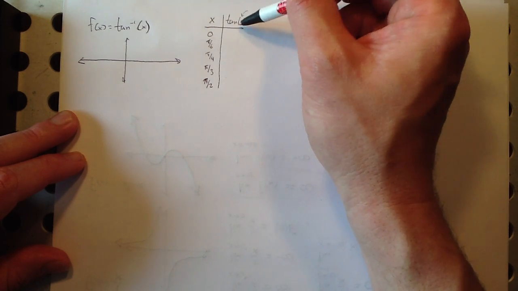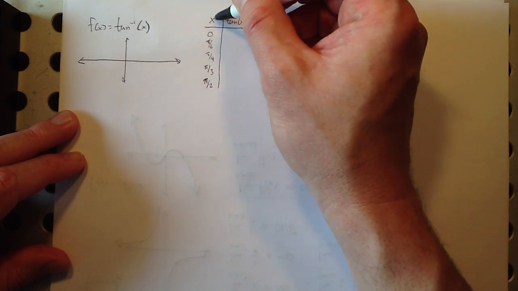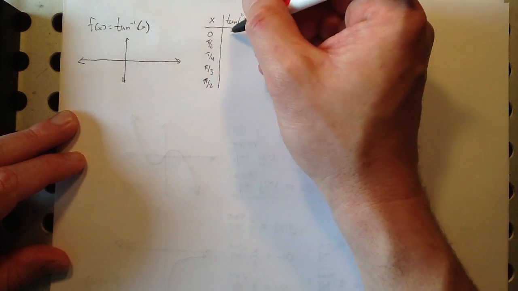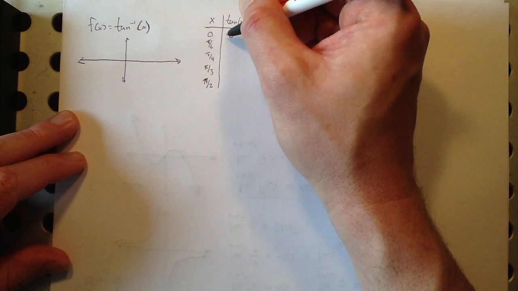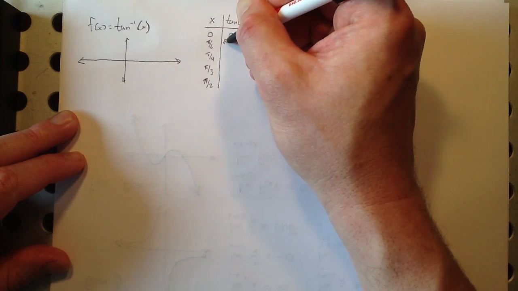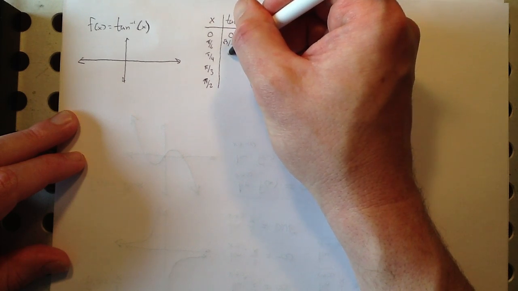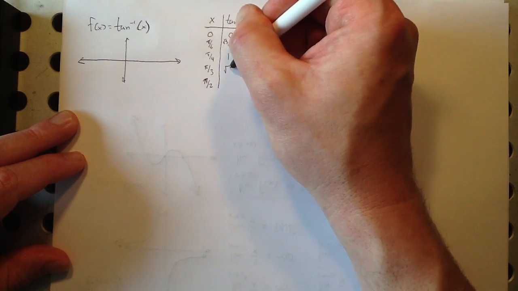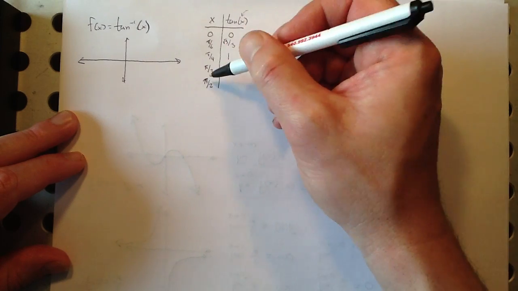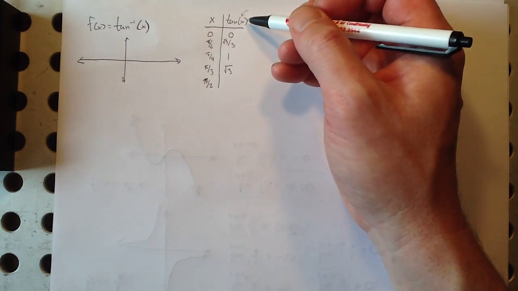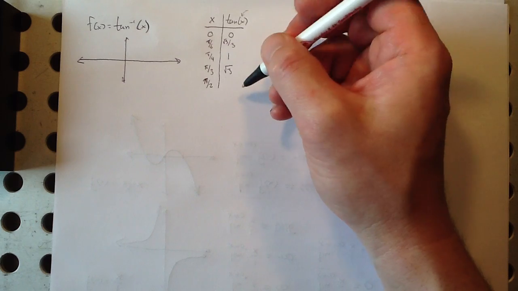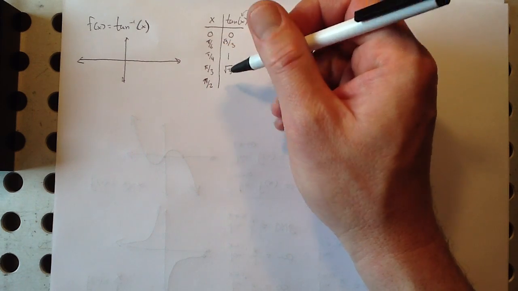All right, since tangent is sine over cosine, the tangent of 0 radians would be 0. This would be the square root of 3 over 3. This would be 1. This is the square root of 3. And when you try to do pi over 2, when you do this sine over cosine, the cosine of pi over 2 is 0.